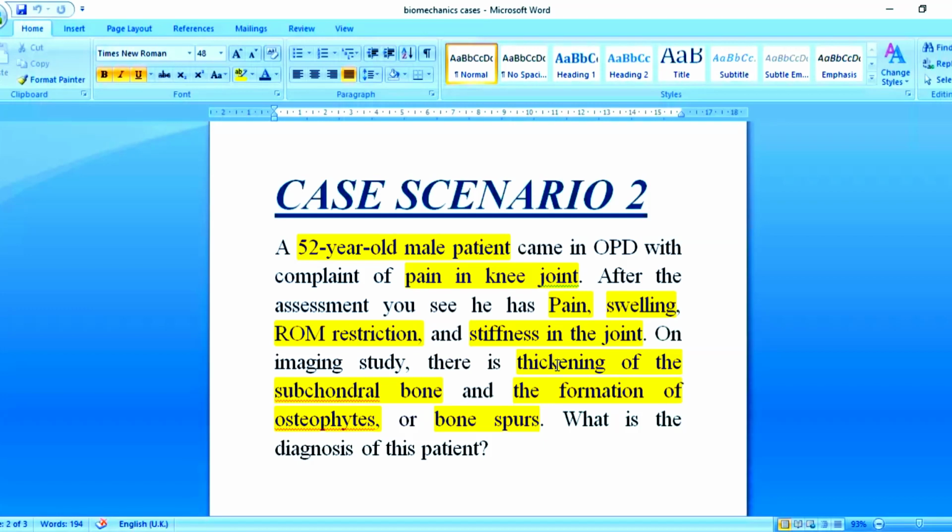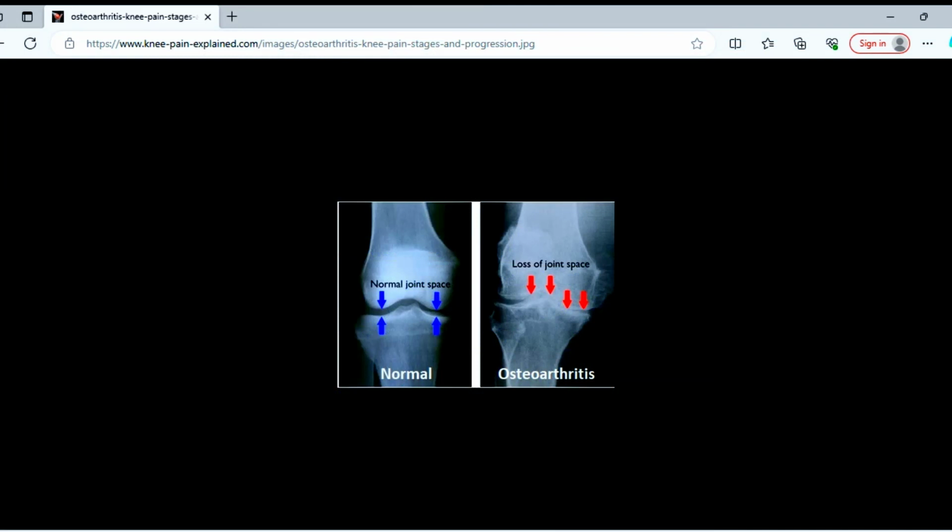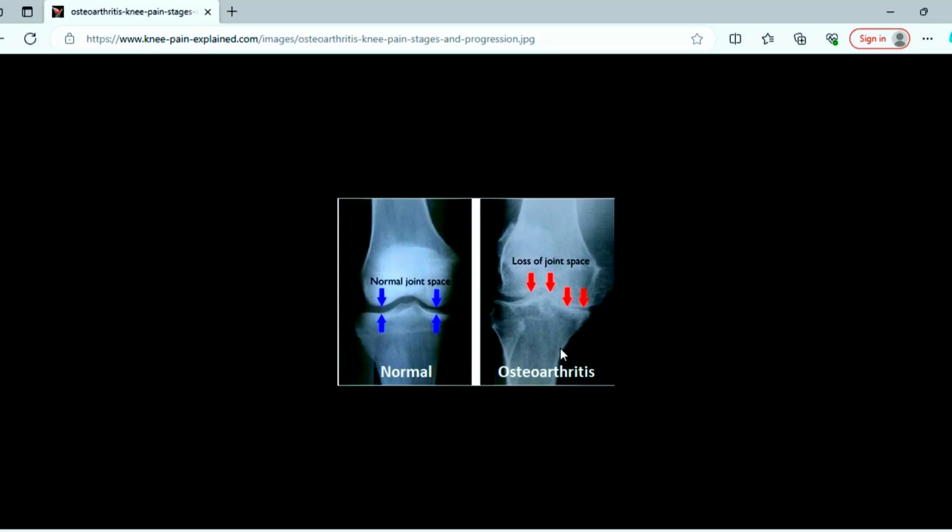Before checking the case scenario's answer, we can discuss one X-ray of this 52-year-old male patient. This is basically the X-ray of the knee joint. This is the normal knee joint.